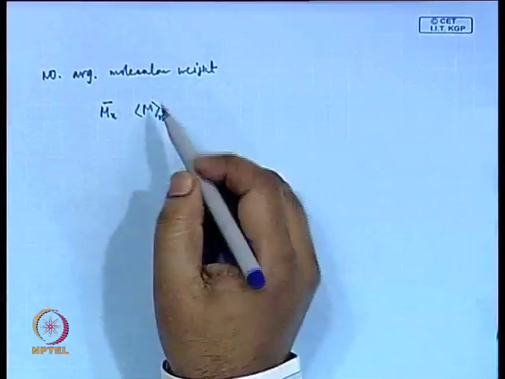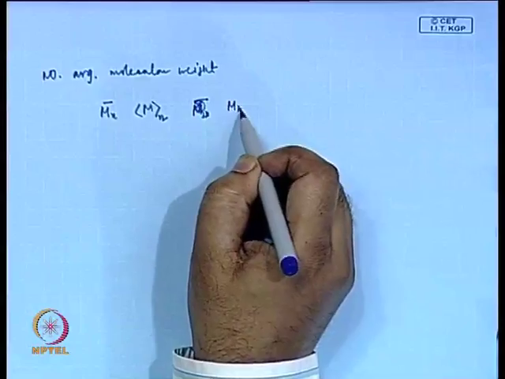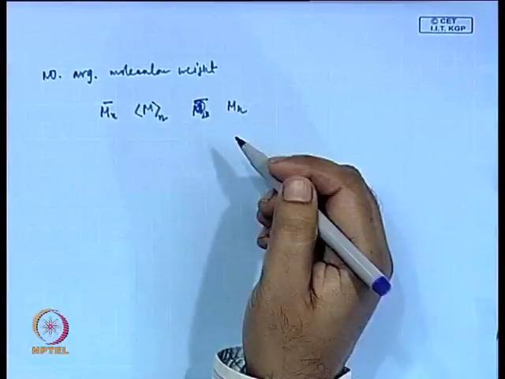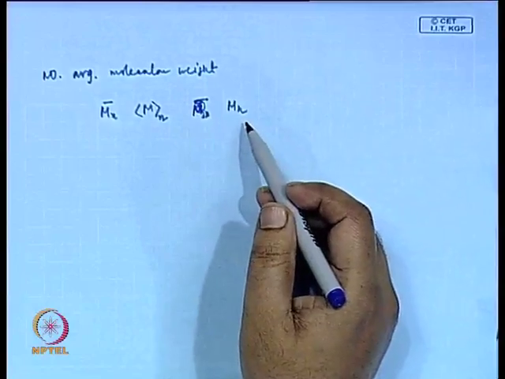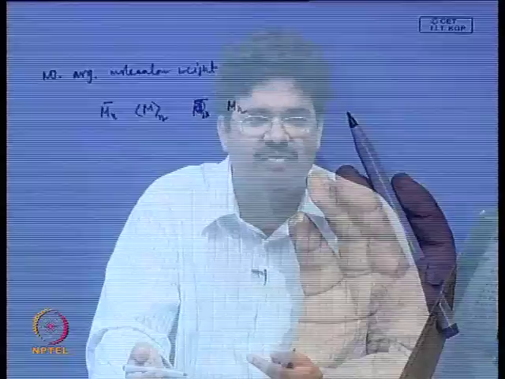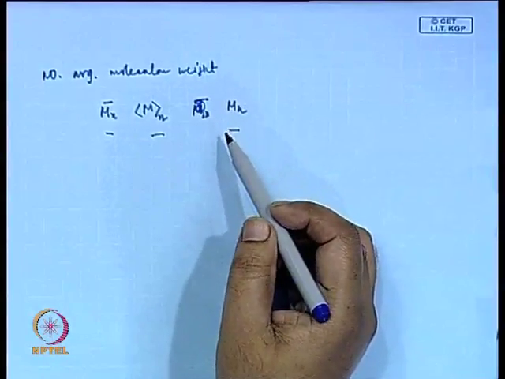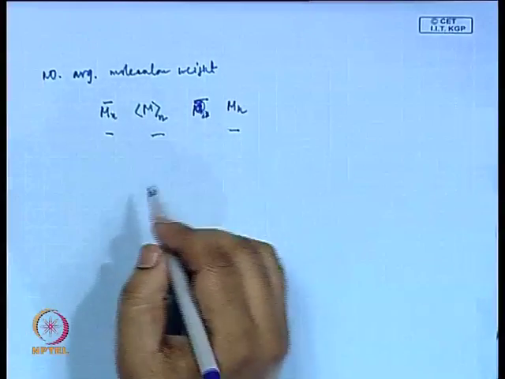You can choose to write any of these, and sometimes simply Mn, because as polymer people, we know that it is always an average. So even if you write simply Mn, it will be understood by all of us that it is an average molecular weight. In this course we will use Mn most of the time.